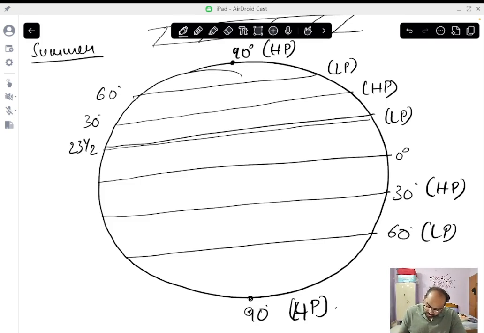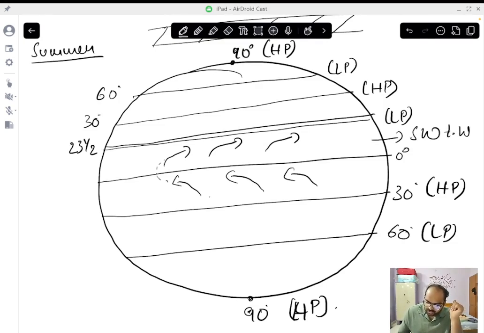So whenever southeast trade winds travel like this, they surpass the equator and enter into the northern hemisphere. When these southeast trade winds enter the northern hemisphere, what happens? They deflect rightwards and southwest trade winds are generated.